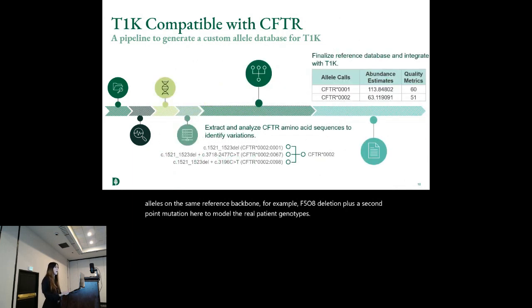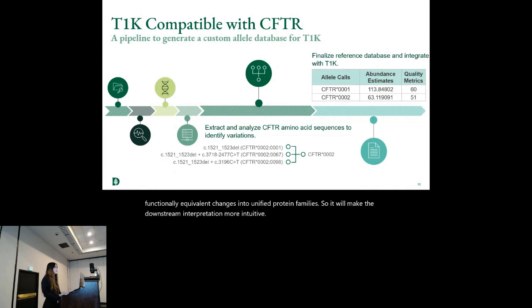Then we translate every induced CFTR allele into its amino acid sequence. By comparing these protein sequences, we can group the alleles with identical or functionally equivalent changes into unified protein families. So it will make the downstream interpretation more intuitive.